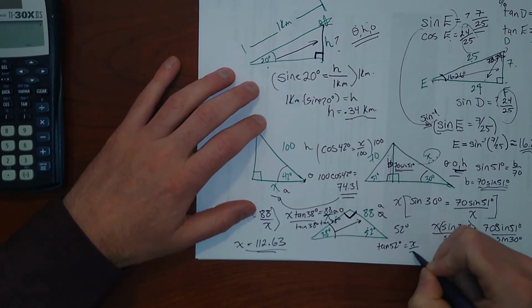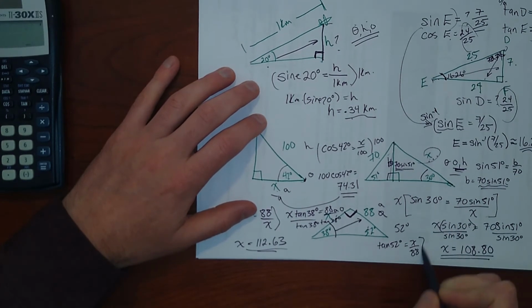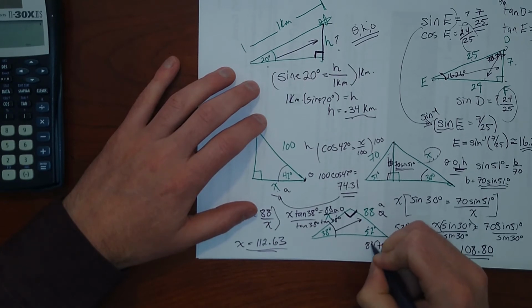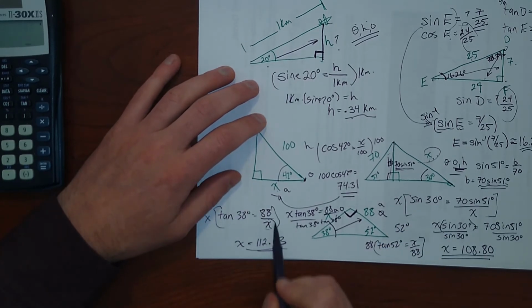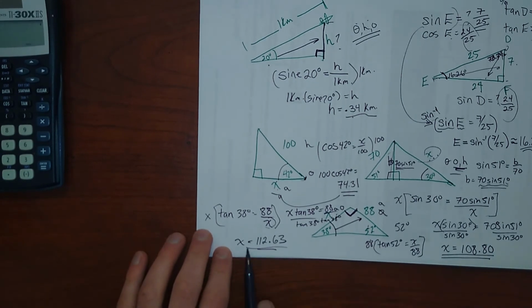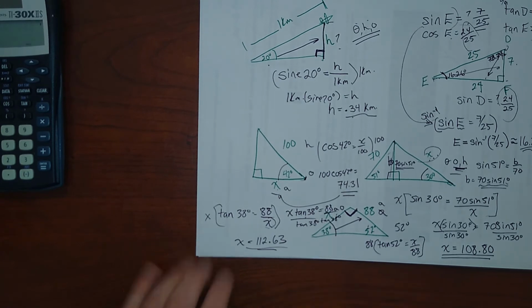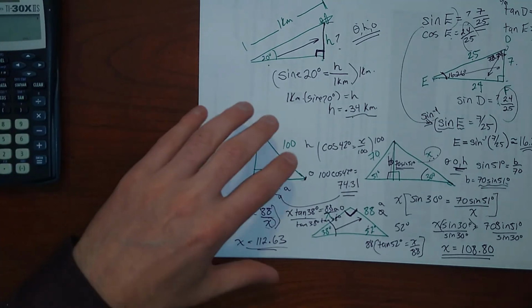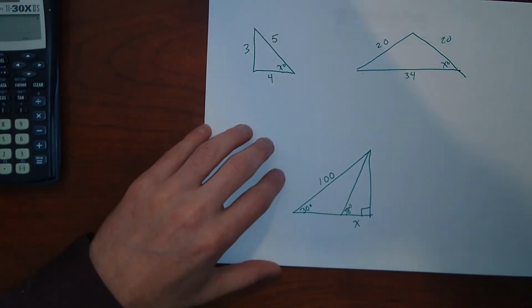Okay, and this might actually be easier to solve because all you're doing here is multiplying tangent 52 by 88. You don't have this step where you have to get x out of the denominator. But 88 tangent 52 will be the same value as 88 divided by the tangent of 38. So you get the same result either way.